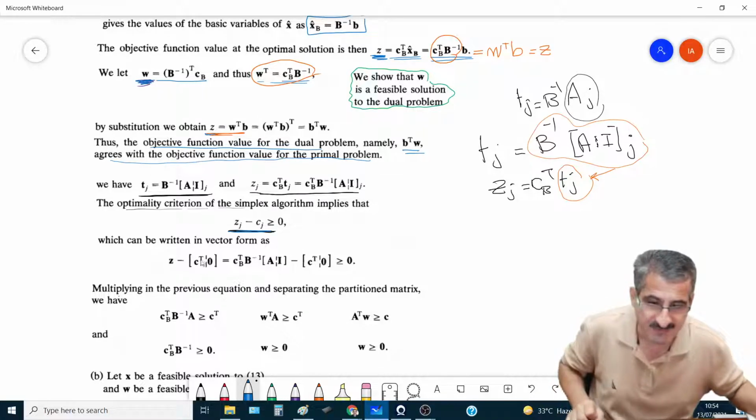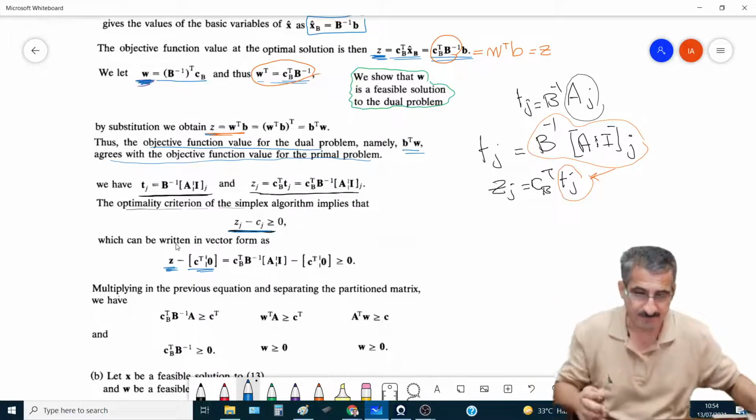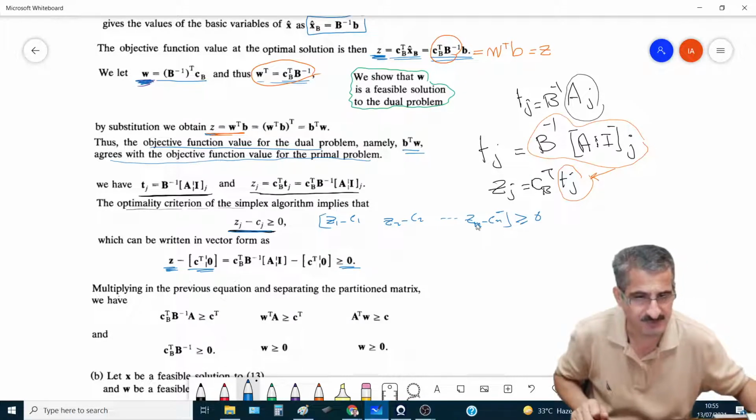If we take them as vectors, Z minus C, we want it to be non-negative: Z1 minus C1, Z2 minus C2, all the way till Zn minus Cn. We want that vector to be non-negative, which means all the entries are non-negative. So we write it this way.